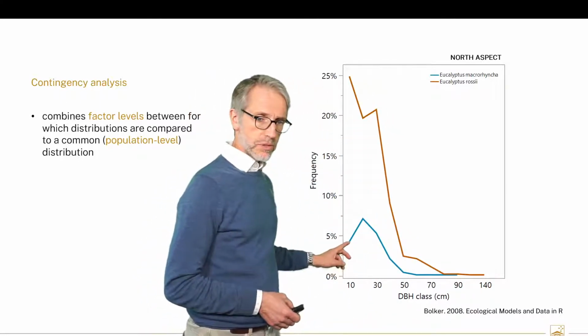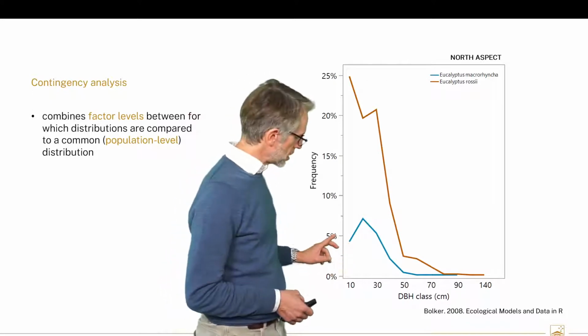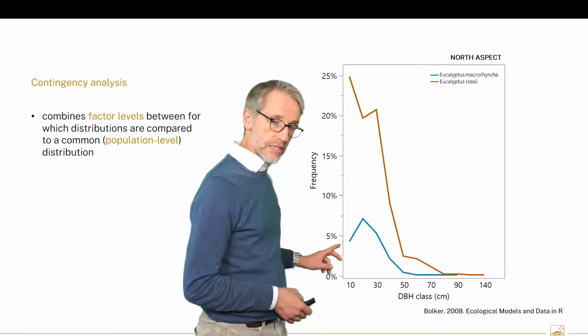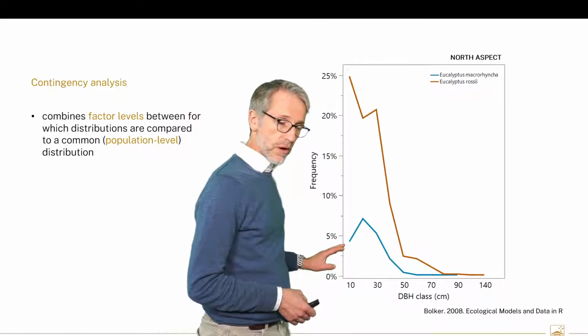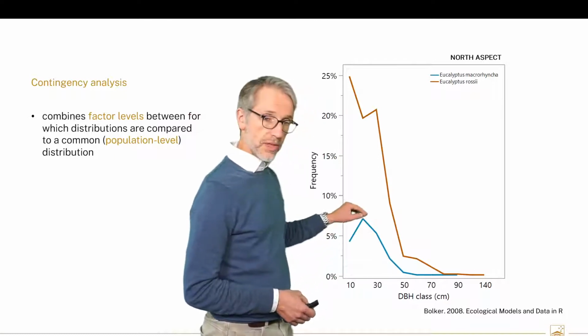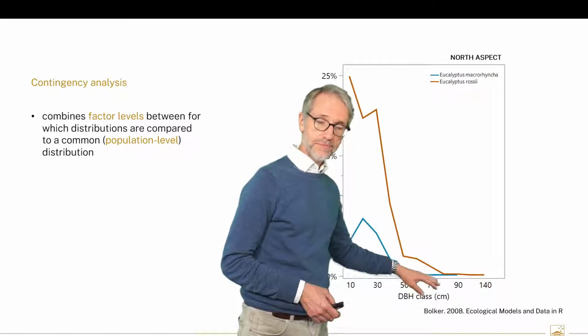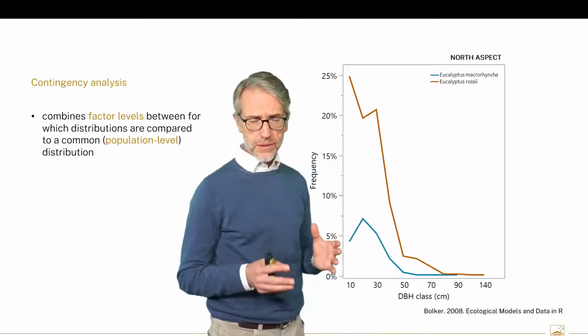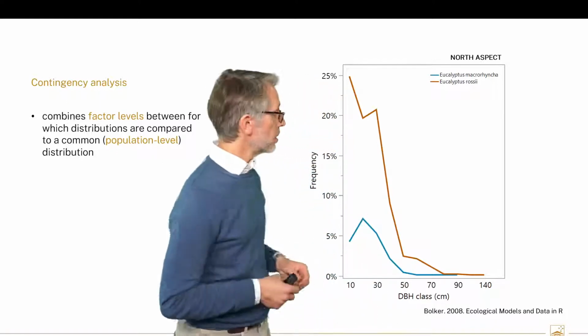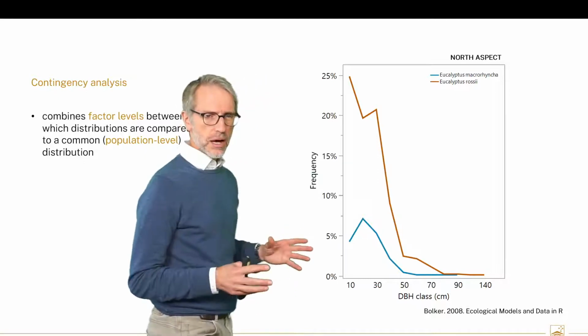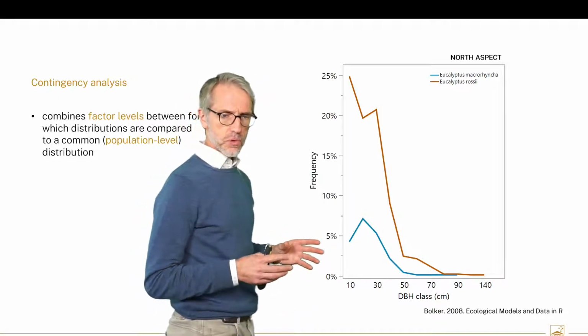That's a little different to Eucalyptus macrorhyncha. You can see that that species distribution starts below 5%, climbs, and then turns and comes back down again. So there are differences in the shape of these distributions aside from the differences in the raw numbers.